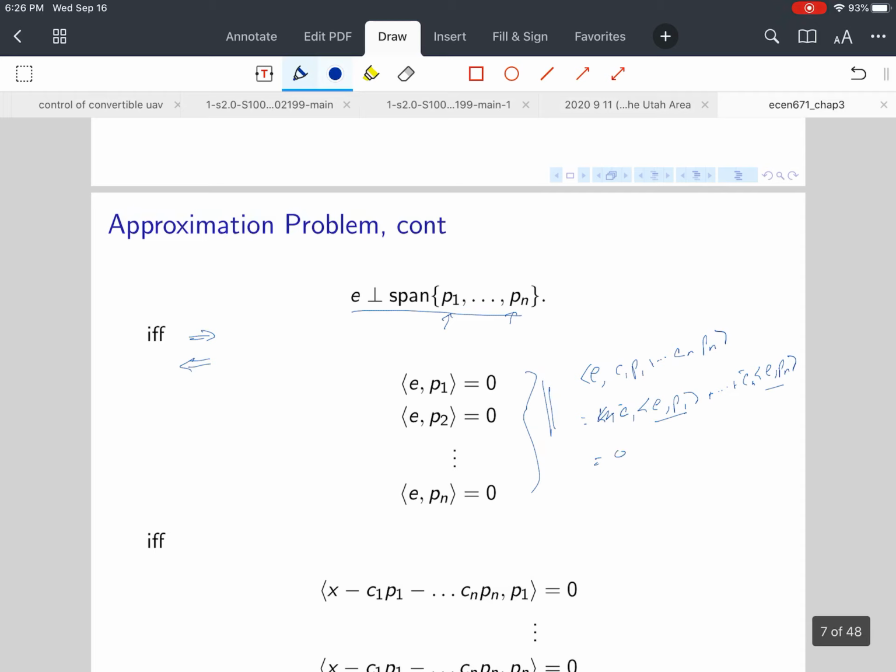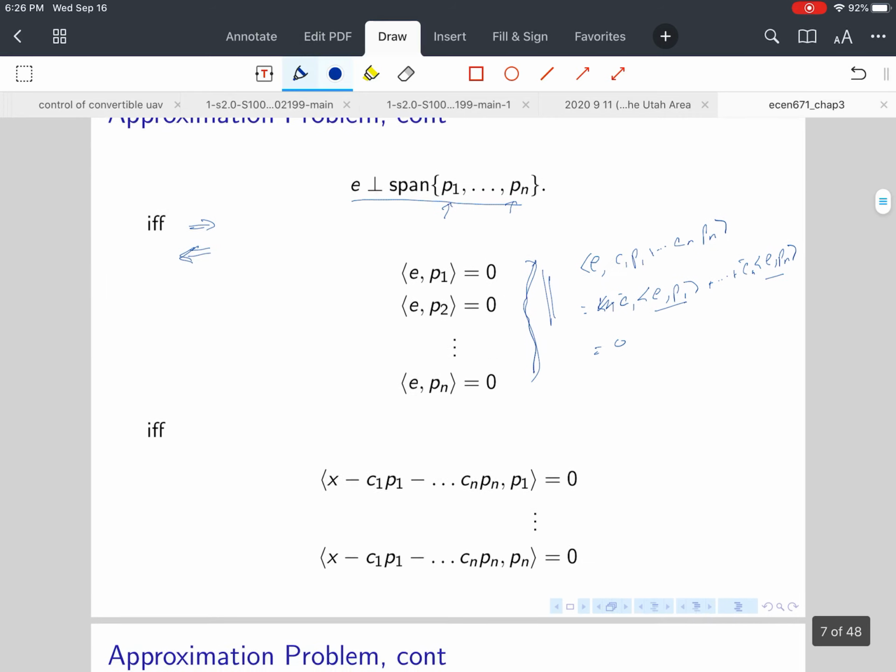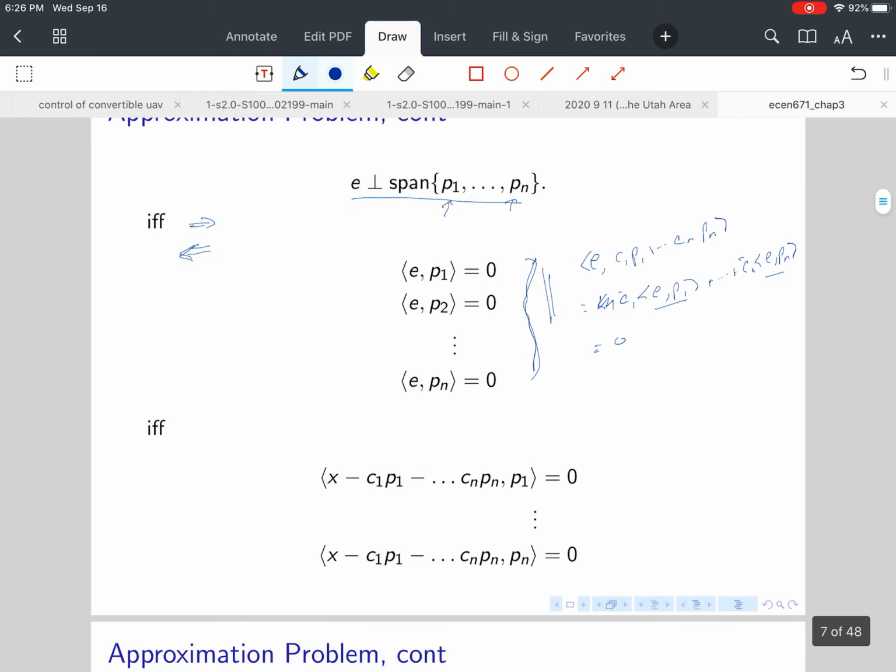Each of these is equal to 0, so that's equal to 0. So if E is orthogonal to each of the vectors P1 to Pn, then it's orthogonal to anything in the span of P1 up to Pn. So this is an if and only if statement. Okay, so that is true.